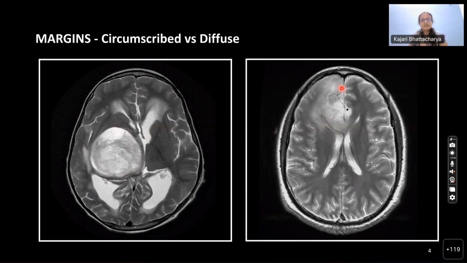Whereas on the lesion on the right, the outline of the lesion is not clearly delineated from the adjacent normal parenchyma. So this is a diffuse lesion, and this is a circumscribed lesion. For example, if you're talking about gliomas, there are circumscribed and diffuse gliomas. So this gives you an idea whether it's a circumscribed lesion or a diffuse lesion.